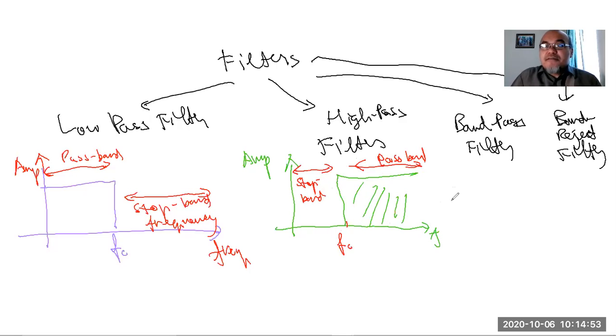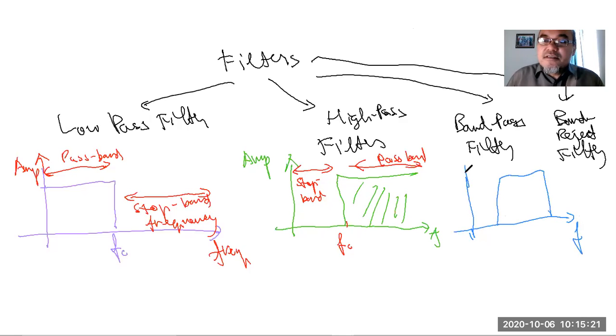A band pass filter, on the other hand, has a characteristic or transfer function where it cuts signals higher or lower than the two cutoff frequencies. In a band pass filter, we have two cutoff frequencies, at the low frequency region and at the high frequency region. So this is again the amplification.